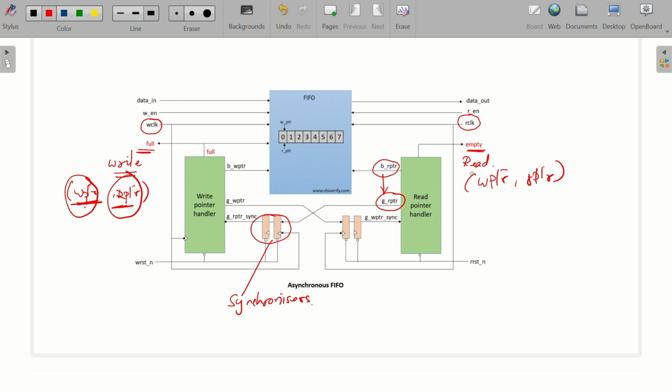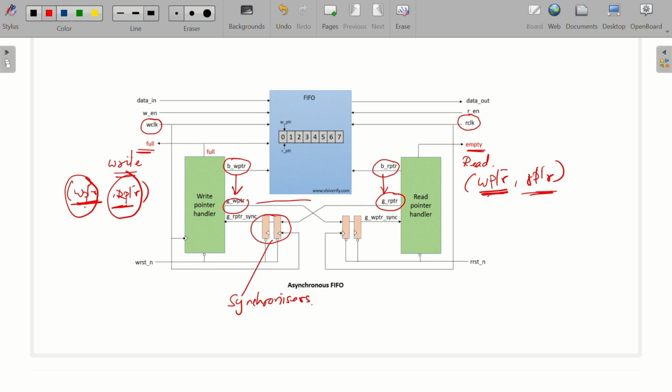Similarly, in the read clock domain, in order to determine the empty condition, I already have the read pointer easily because the read pointer is working with respect to the read clock. But in order to determine the write pointer, that has to be passed from a different clock domain. So whatever binary write pointer is there, that is converted to gray write pointer.